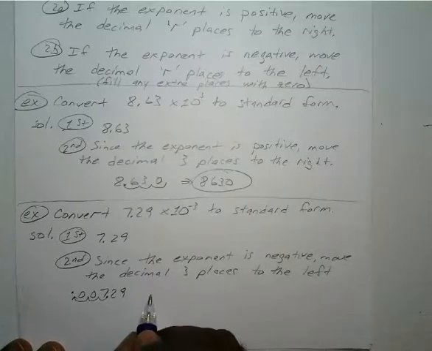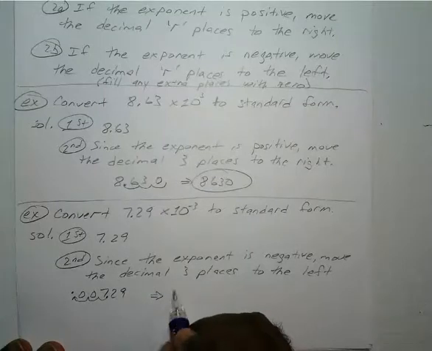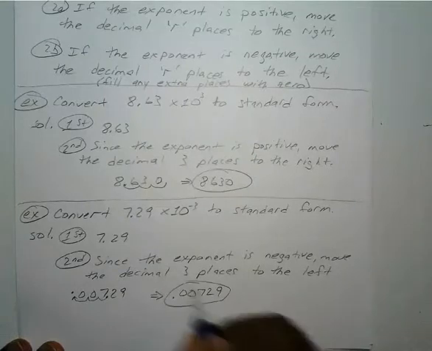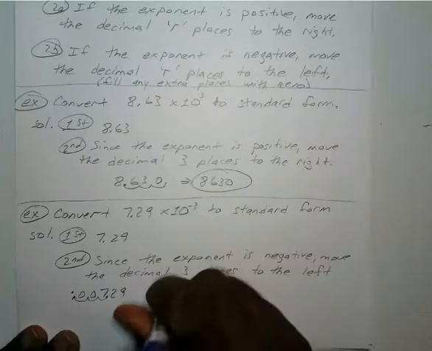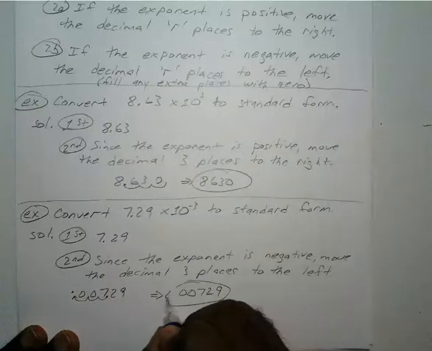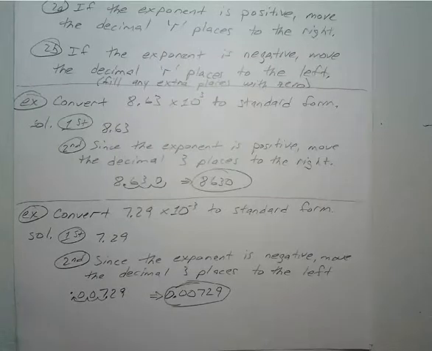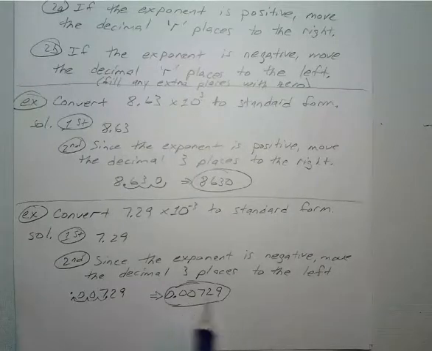All right. So that means we're going to have a value of 0.00729 as our standard form. Or sometimes instead of 0.0, you may see 0.0, which is okay. As long as you have the decimal and 2 zeros to the right, and then the rest of the number, you're okay.